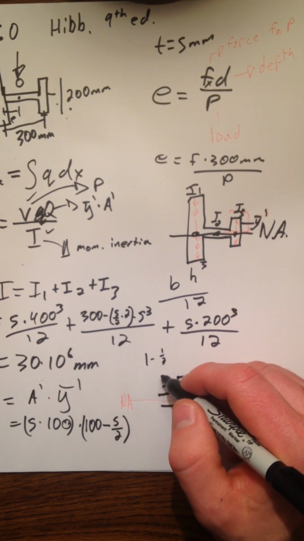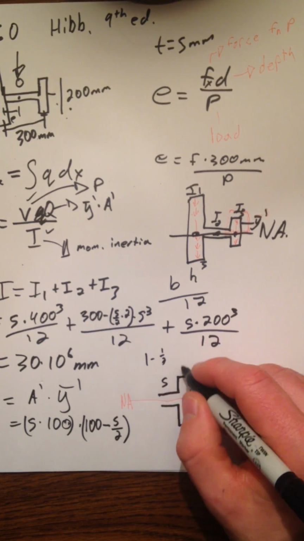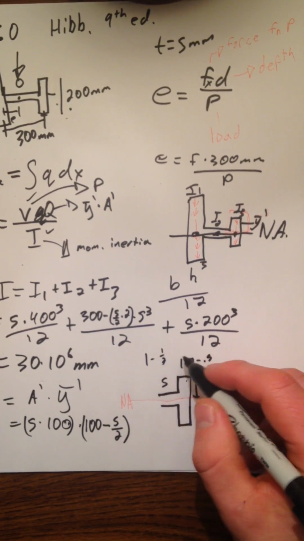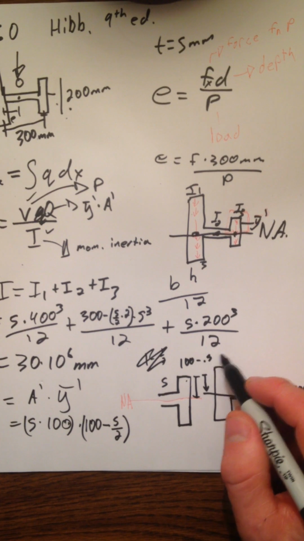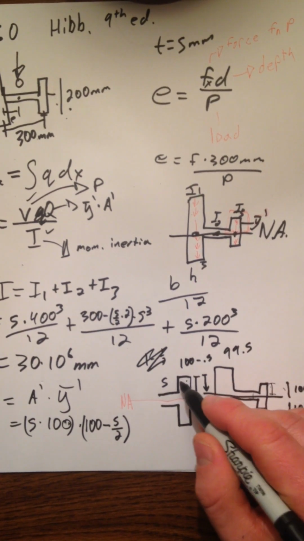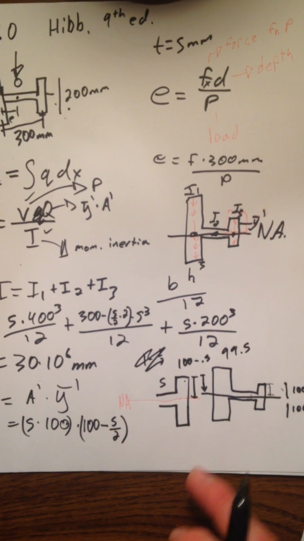We'd have 100 minus 0.5, and then it would be 99.5 from the neutral axis up. That would be that centroid.